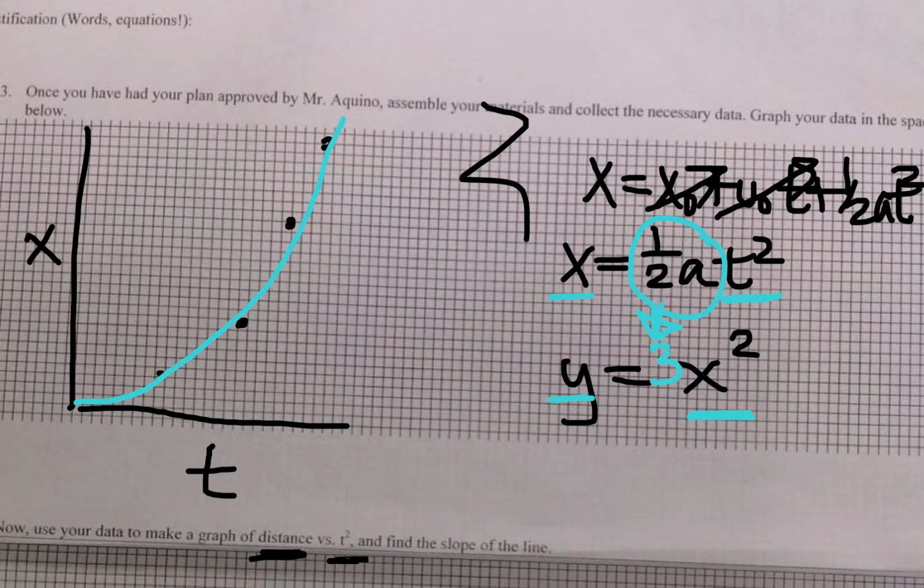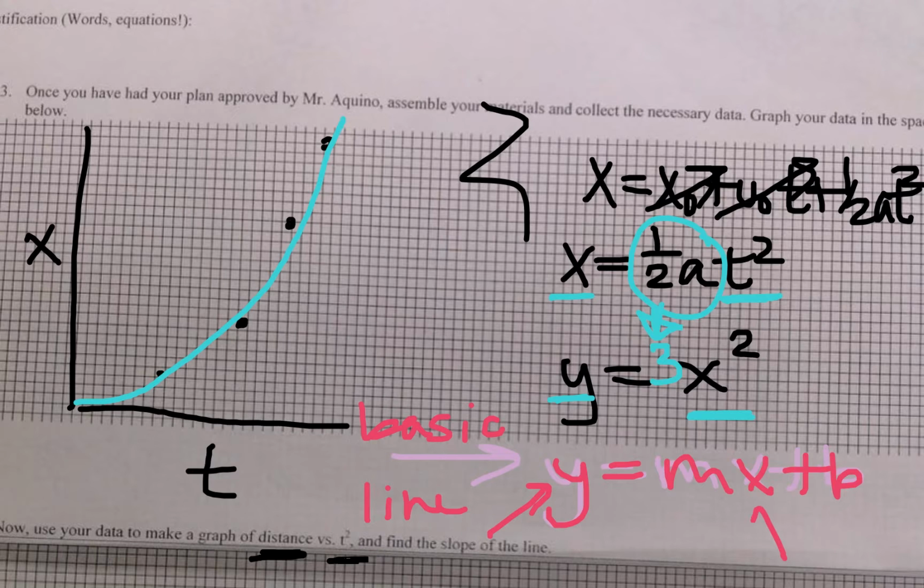Because, as your algebra teacher would have told you, maybe you forgot, this is a line. And I realize that's a little light, so I'll darken it. y equals mx plus b is your basic line, where this is your y, this is your x, this is your slope, and this is your intercept, your y-intercept to be specific.